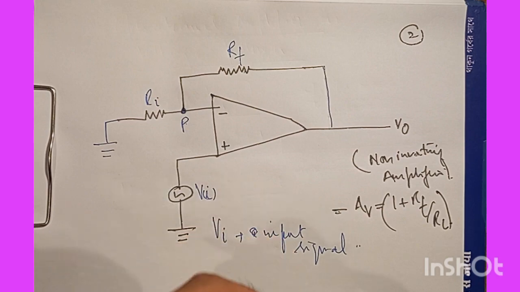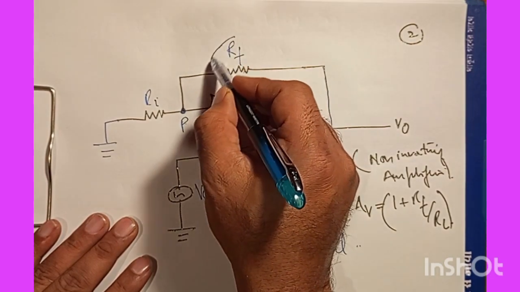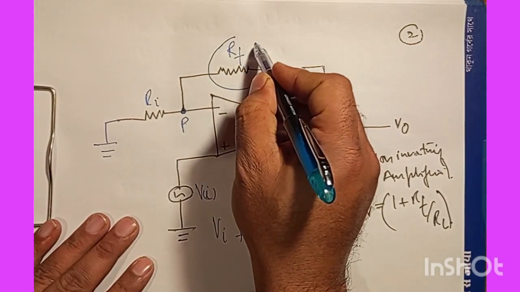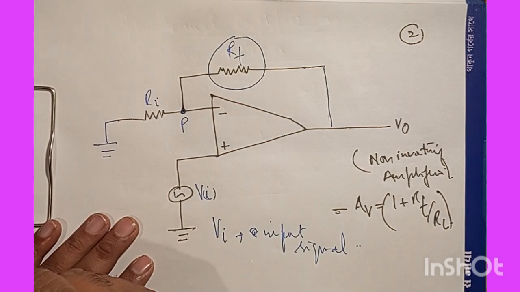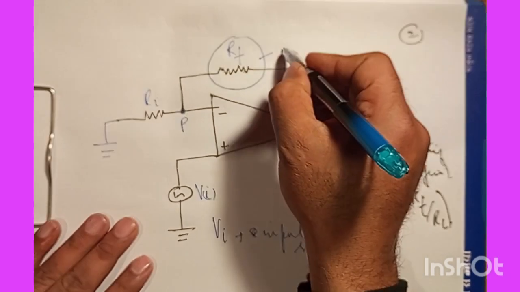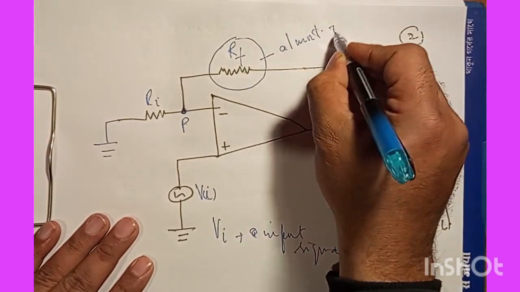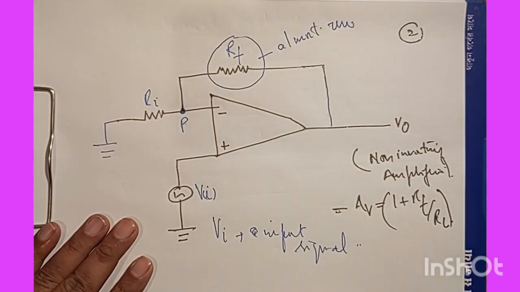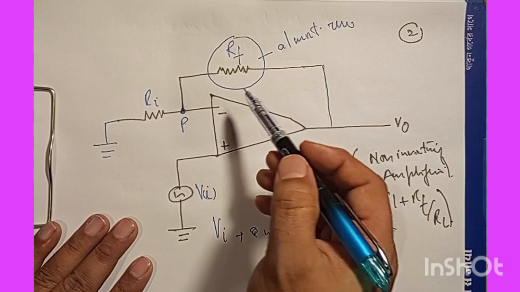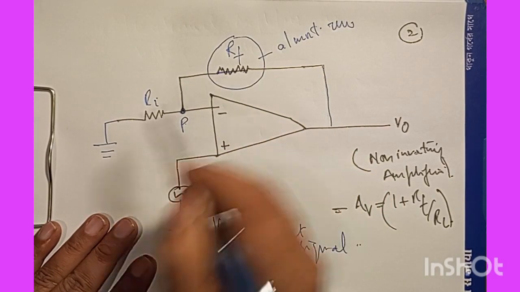So in order to make things consistent, this feedback resistance should be extremely small, it should be almost zero. So if we want this resistance to be equal to zero, we have to short this. The best way is to short it.